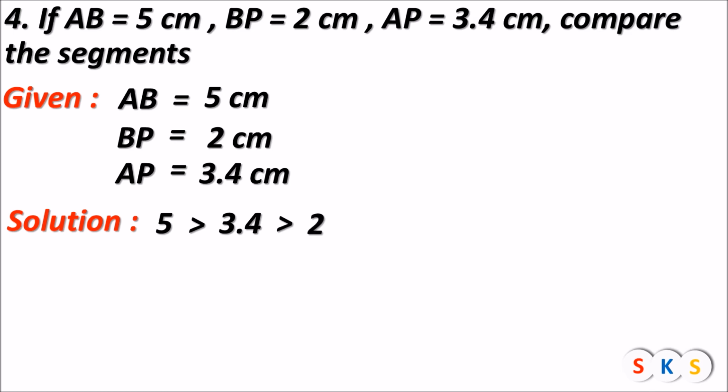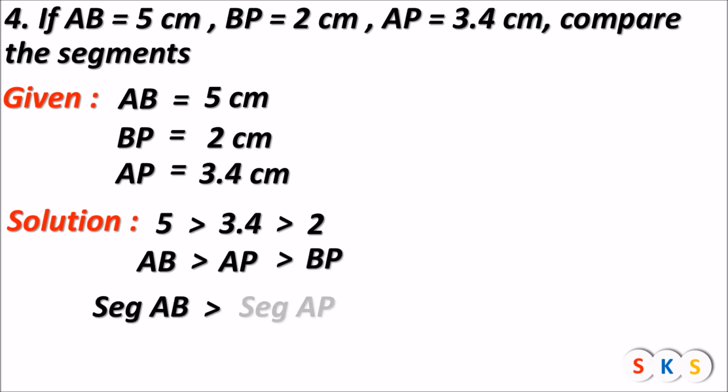Here 5 is the length of AB, 3.4 is the length of AP, and 2 is the length of BP. So in place of 5 we will write AB, in place of 3.4 we will write AP, and in place of 2 we will write BP. So we get seg AB greater than seg AP greater than seg BP. That is the relation between the given segments.